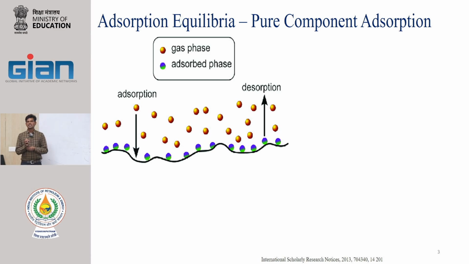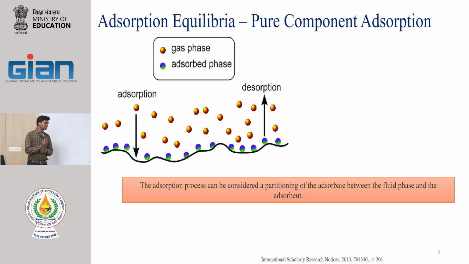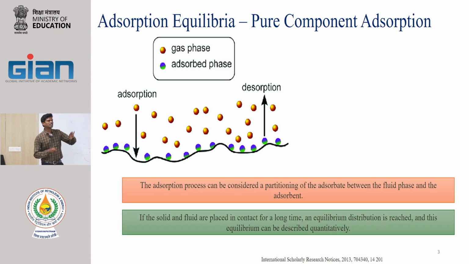Another thing is that multi-gas adsorption is always difficult to conduct experimentally. It is super expensive. So one of the cheapest ways is to explore the pure gas adsorption isotherms and use them to predict the multi-gas adsorption isotherms.